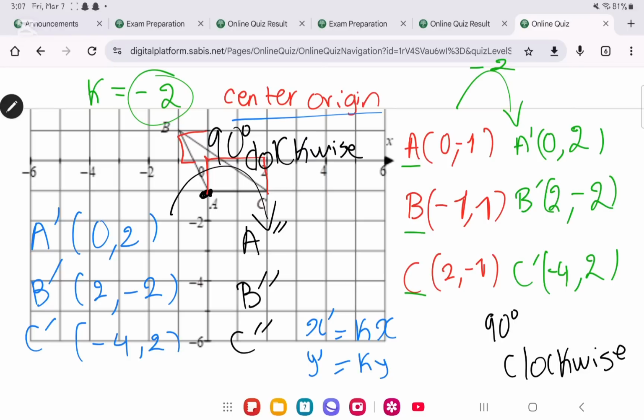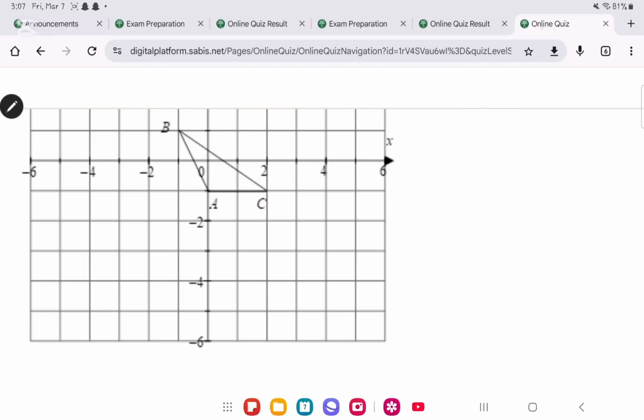Now, remember, I said above, to do a 90 degrees rotation clockwise, it will change from (A, B) into (B, -A).